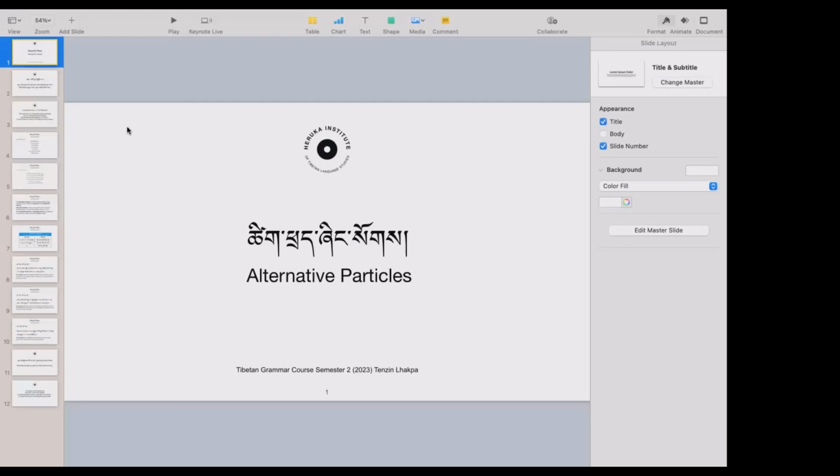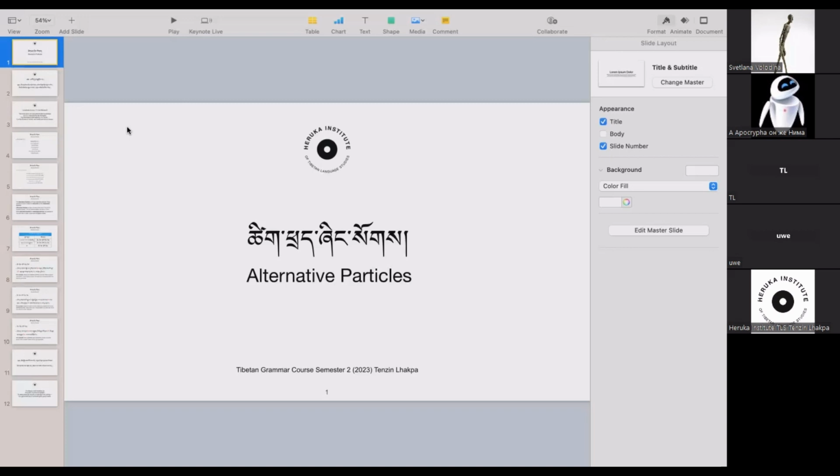Even though this particle doesn't belong in the category of the dependent particles, it follows the same rule, meaning that it is a particle that will depend on the suffix letter in order to associate itself with a name or a word. So it is a dependent particle in this manner, but still it does not count as a dependent particle in the understanding of the dependent particles in the text.